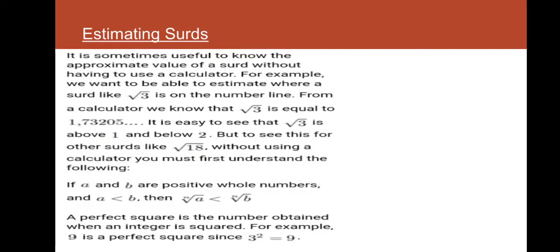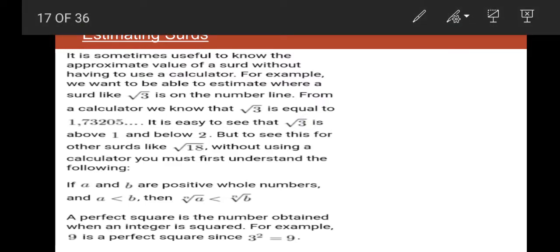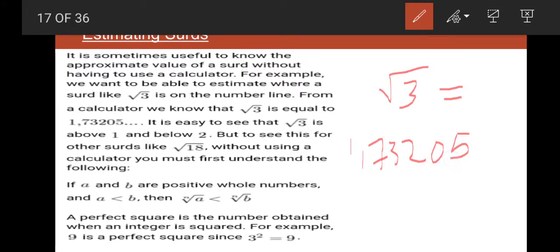It is sometimes useful to know the approximate value of a surd without having to use a calculator. For example, we know that the square root of 3 gives us 1.732050807.